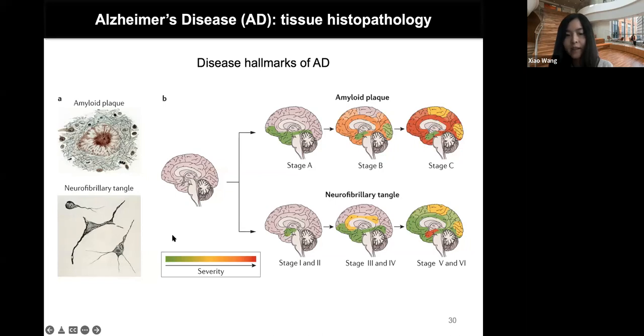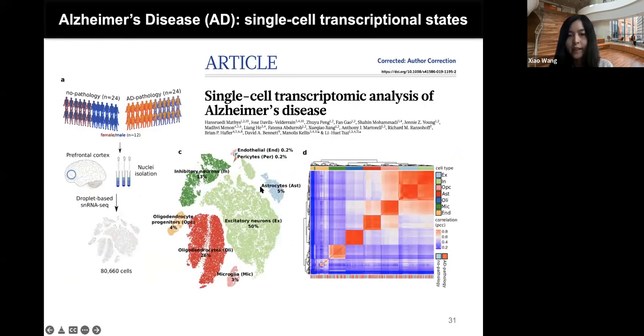On the other side, single cell omics has revolutionized the way people study disease. There's another paper from Li-Huei Tsai and Manolis Kellis's labs at MIT. They did single cell sequencing in human Alzheimer's disease samples.